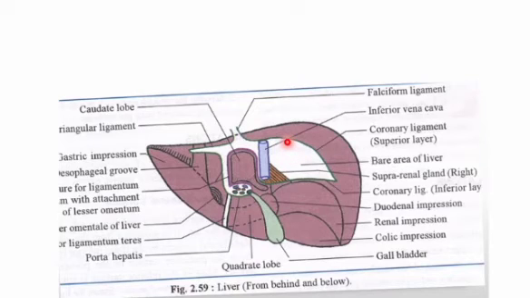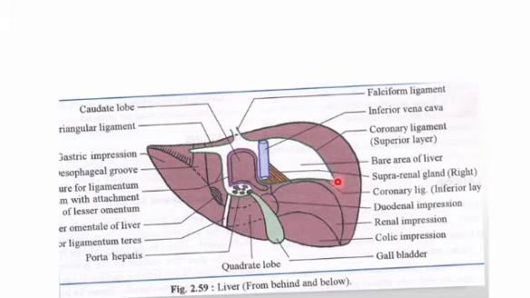It is the largest non-peritoneal area on the posterior surface of the right lobe, where the liver cells are covered with the fibrous Glisson's capsule, that is nothing but the connective tissue capsule of the liver. The bare area is triangular in shape, so you can see here the triangular outline, consisting of an apex, base, upper border and lower border.